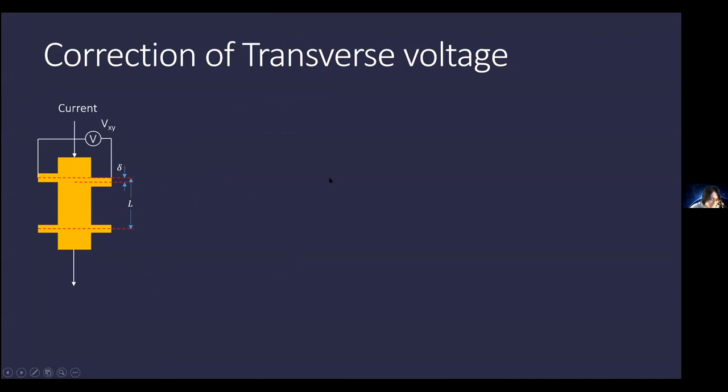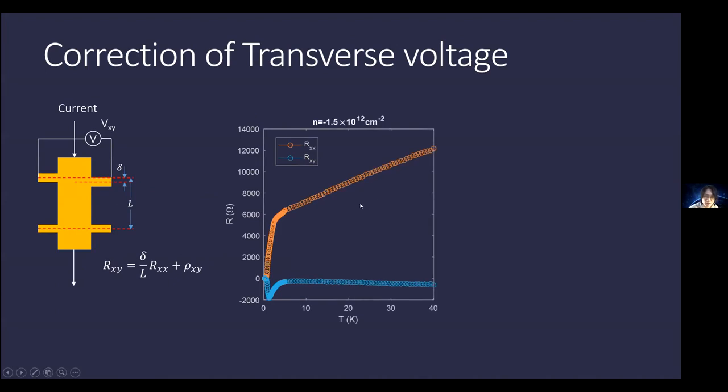But before that, we have to fix something in the system to make sure that no fake signal gets into our data, because in realistic samples the RXY probes are usually not perfectly aligned, so that even at zero field you might get some contribution from RXX into RXY, and this is known as the mixing of RXX. So there is a proportional factor here. In order to correct for this, we take the RXX and RXY as a function of temperature, as shown here, and we make the assumption that there is a geometric contribution to the RXY which is independent of temperature.